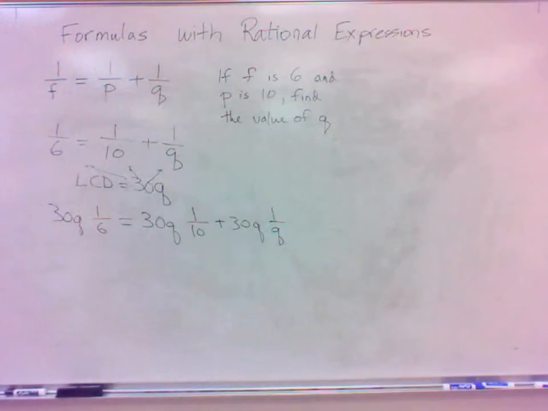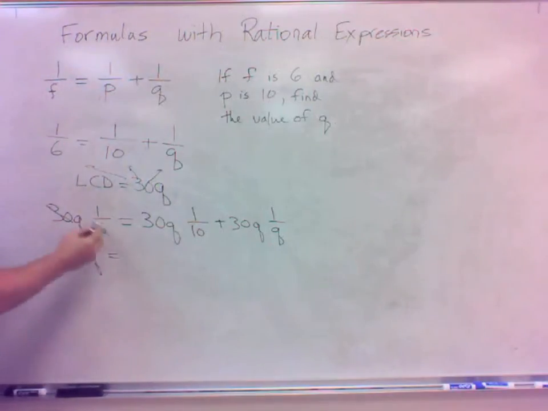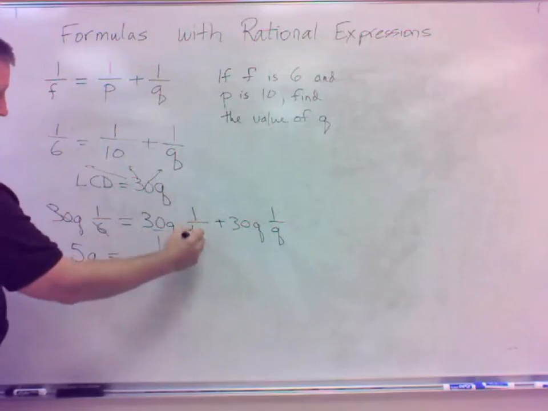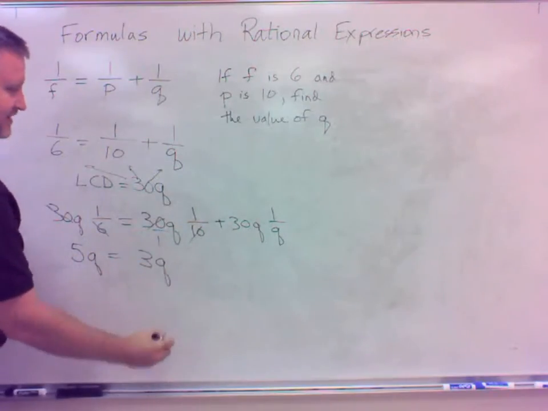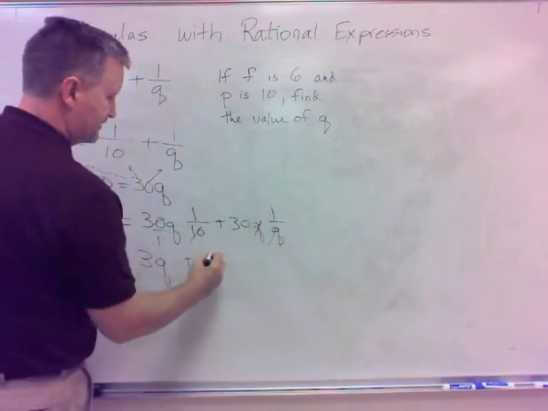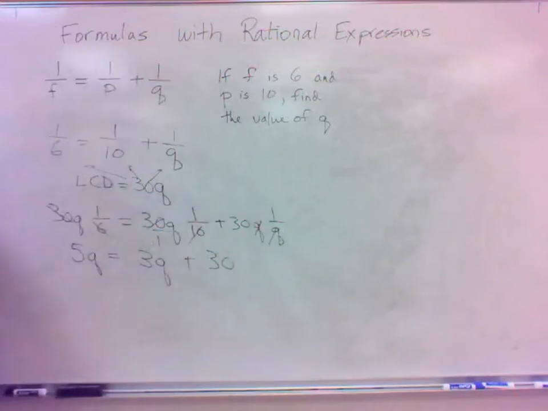So I do some canceling here. Cancel the 6 into the 30, it gives me 5q. The 10 cancels and leaves me 3q. And then the q's cancel, which leaves me 30.